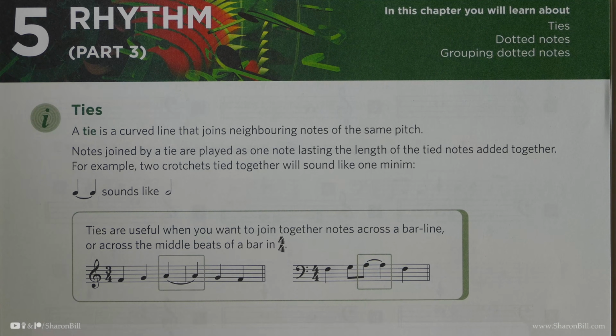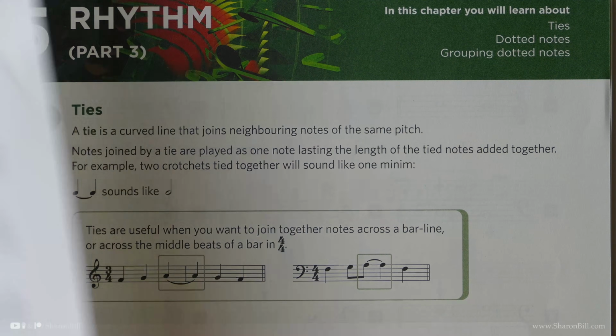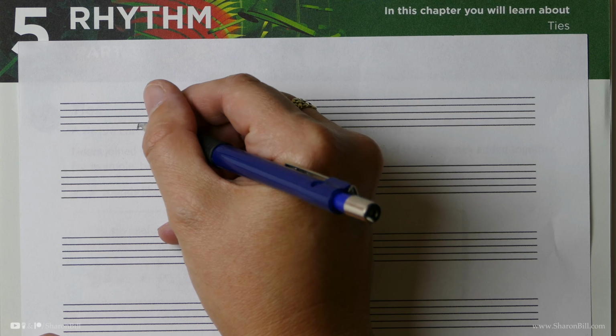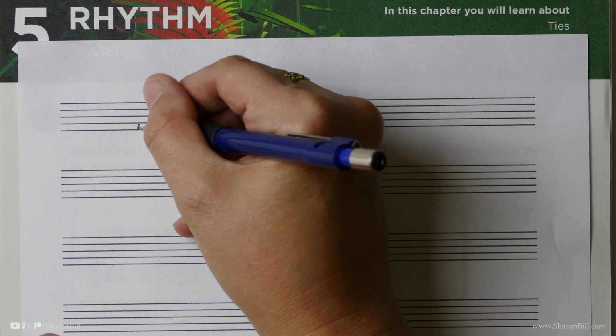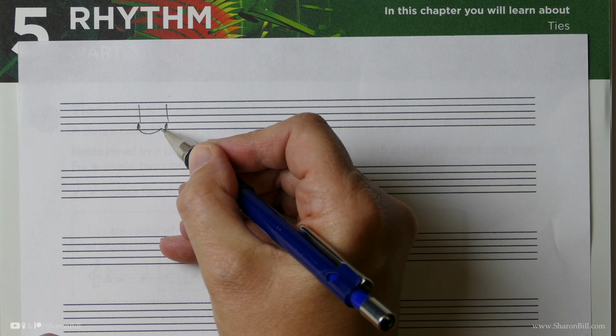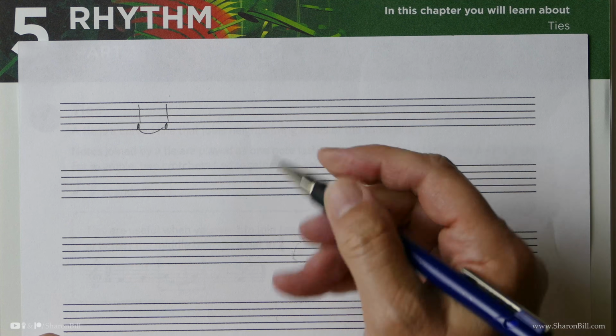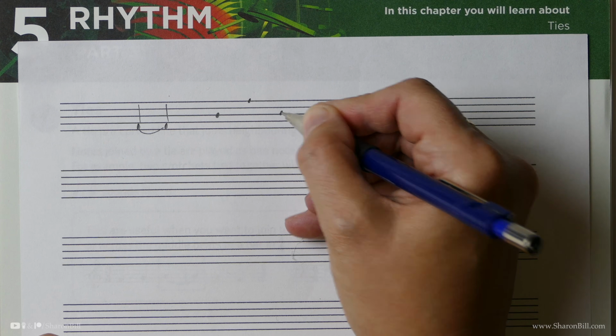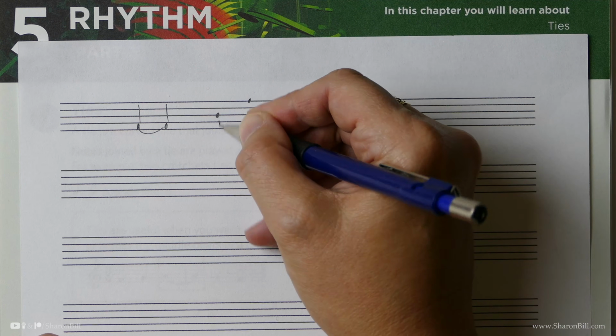It's worth just taking a moment to be sure about how a tie works, because it's the same shape as a slur. And so a tie, I just do 2 notes, joins note head to note head. Whereas, let's say for example, we've got a piece of music with lots of different notes.